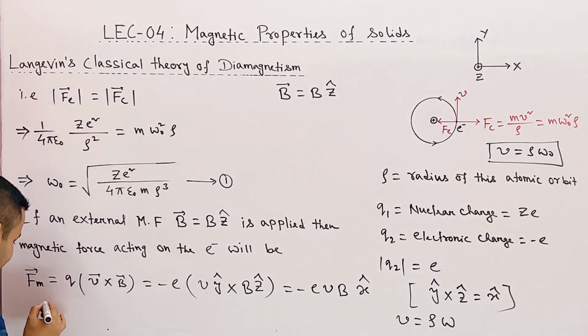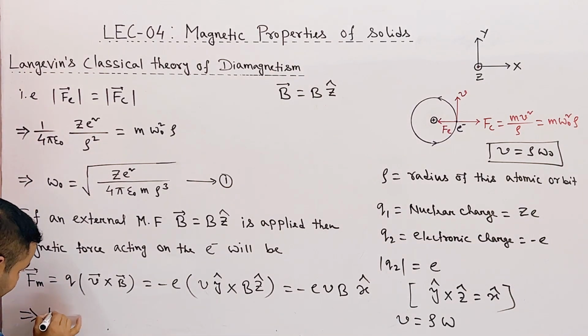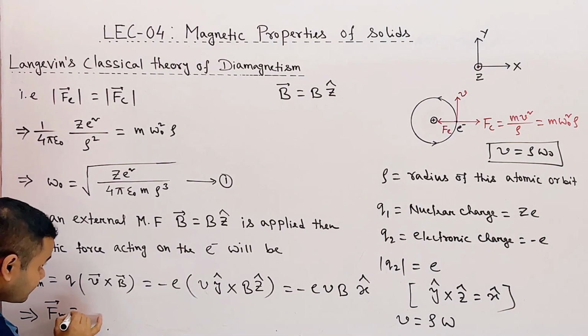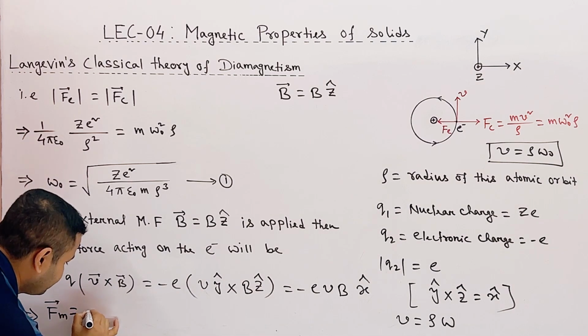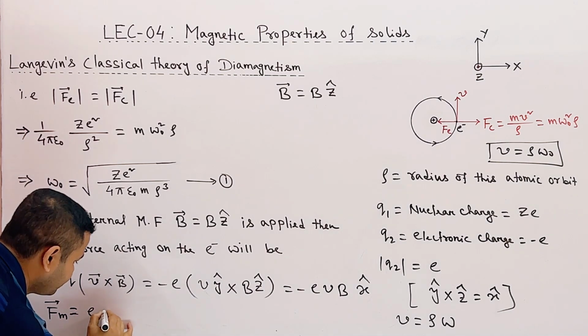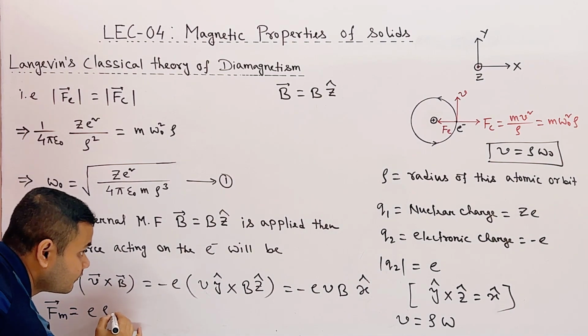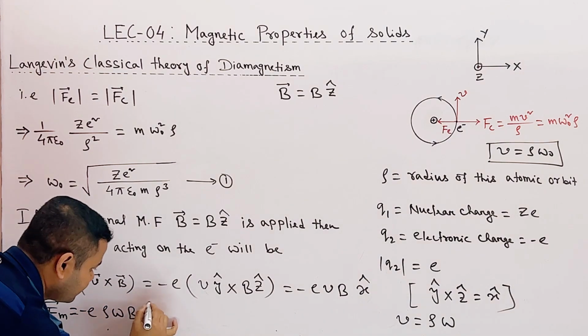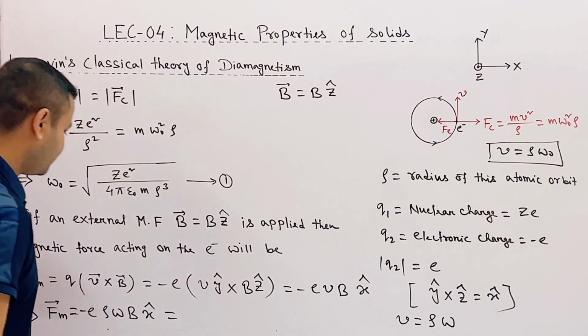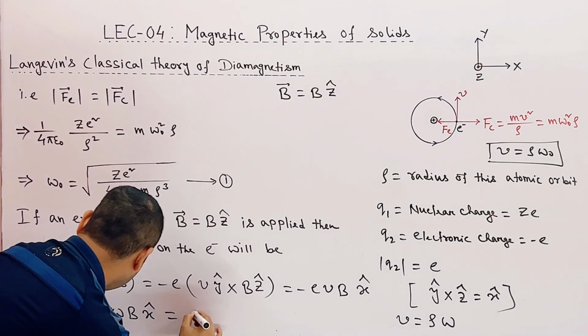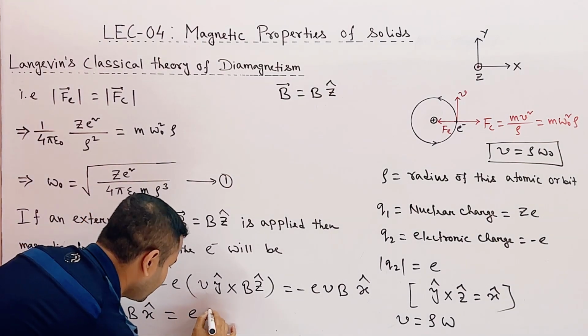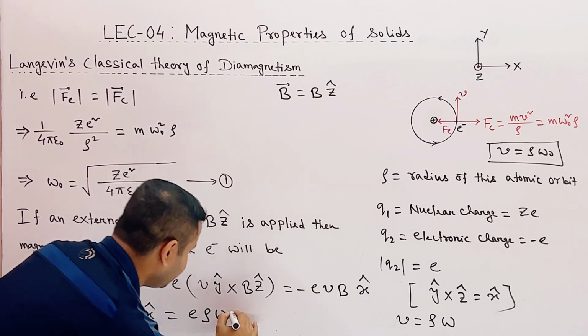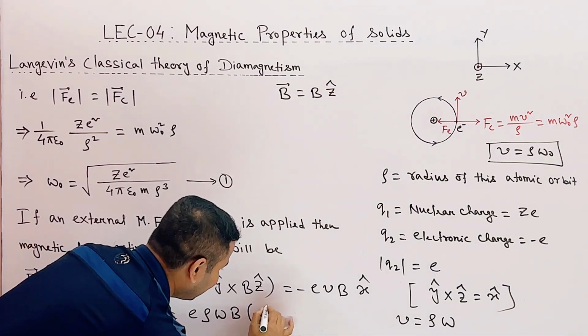So finally, after rearranging, we will get e rho omega into B minus x cap.